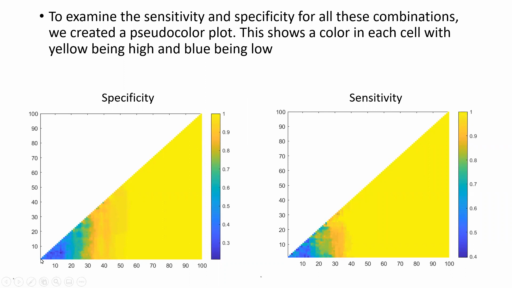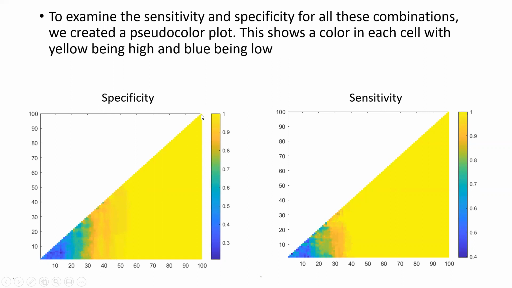If you choose 1 as your start, you can go all the way up to 100. In every case you can go all the way up to 100 from that point, but you can't choose anything to the left of those points because that would go before your starting snapshot.